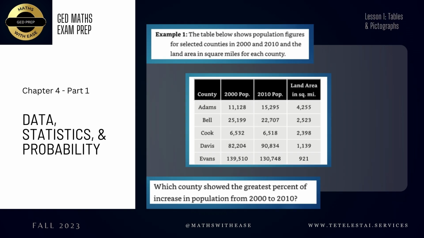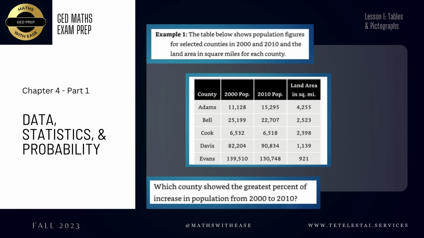So in this example, the table shows population figures for select counties in 2000 and 2010, and the land area in square miles for each county. And the question asks you, which county showed the greatest percent of increase in population from 2000 to 2010?